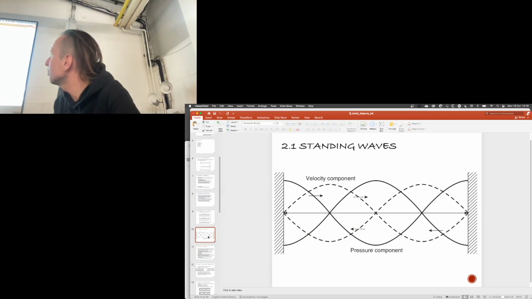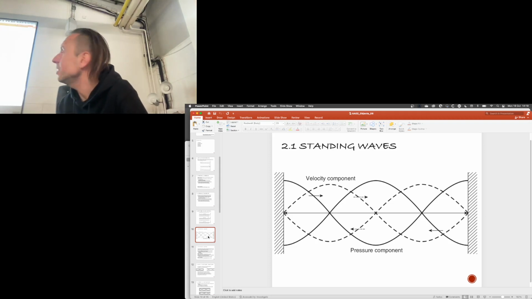Now, the other thing about standing waves is that they become the resonance of the room, which we will come to. And this graph also helps us understand the difference between velocity waves and pressure waves. The easy thing to understand is what happens at a fixed boundary like this.